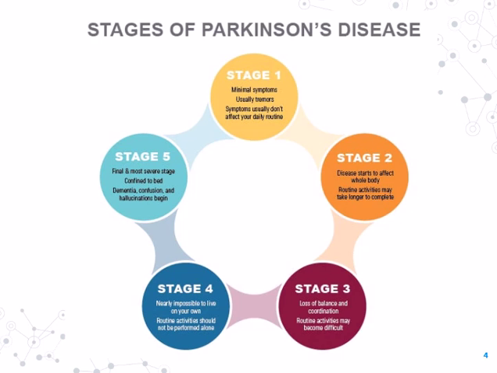In stage 4, it's nearly impossible to live by yourself, and basic or routine activities are really difficult to complete. And by stage 5, this is where you see the severity of the disease, with the development of dementia or depression or hallucinations, and it usually causes patients to be confined to their beds, and this is where a lot of deaths occur within the disease.